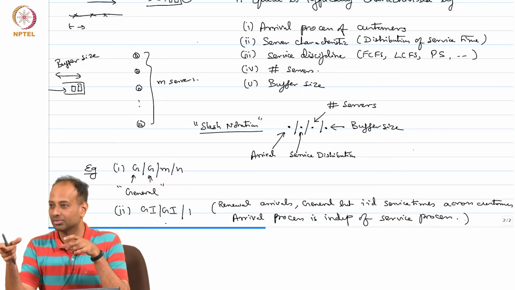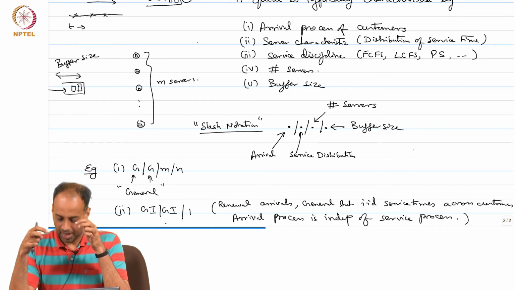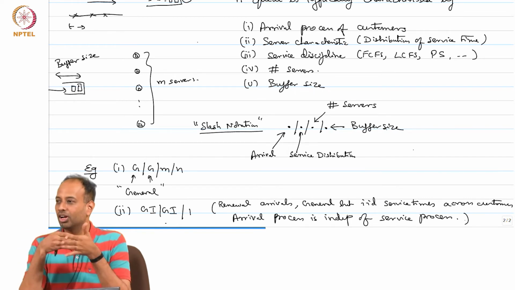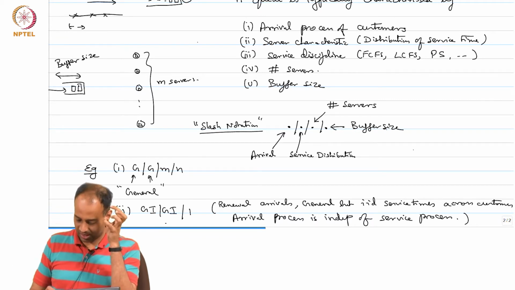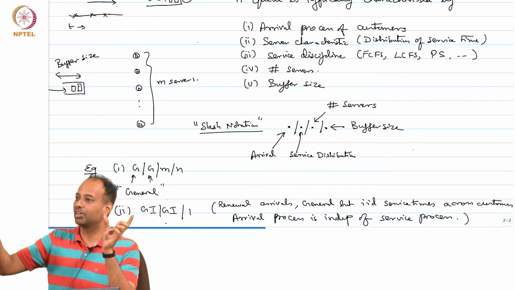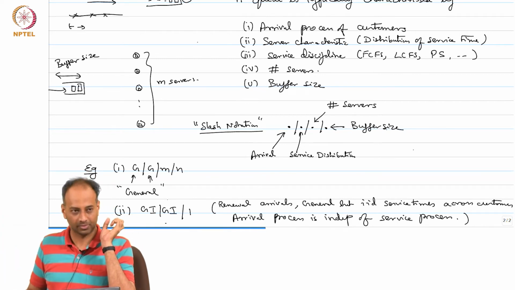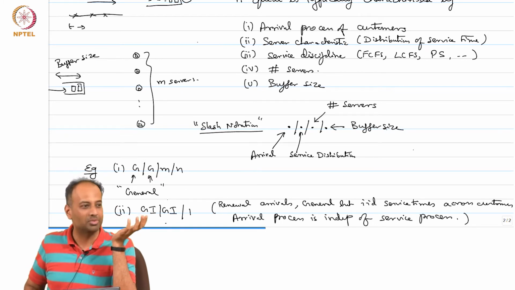So, for example, by looking at my arrival time you cannot tell whether I am going to be, let us say, a big packet or a small packet in a communication network. So, it is usually in this notation that the arrival process and the service time random variables are independent. If they are correlated, it is still a queue, it is just that this notation usually does not capture that scenario.